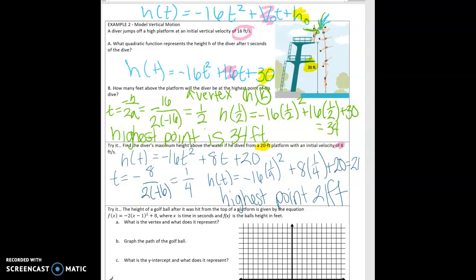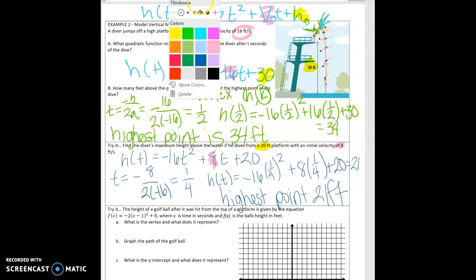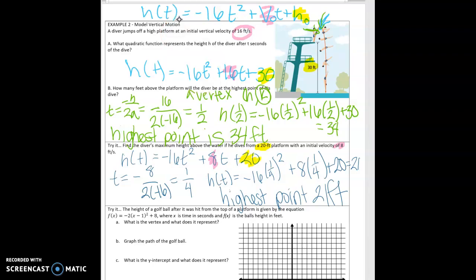So again, we're going to be plugging in the 8 for the b value, which was the V naught, and then we plug in the 20 for the initial height, and then we get 1/4 for the x value of the vertex, plug that in, and our final answer is 21 feet high. So let's go ahead and move on down.